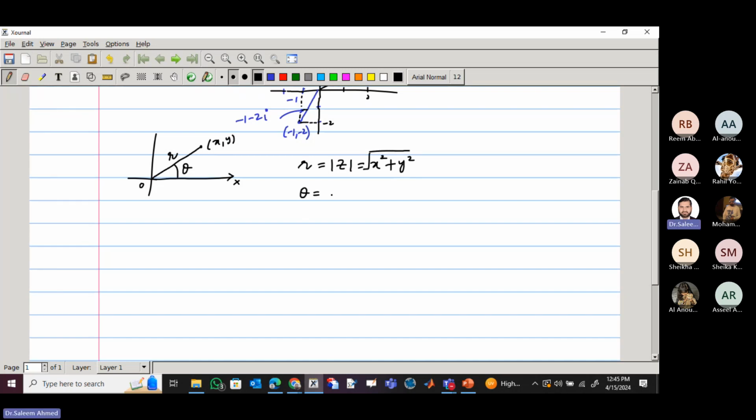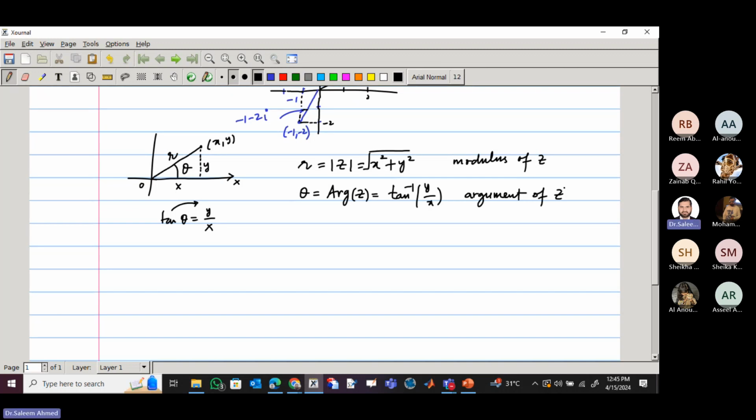And theta is called the argument of z, which is tangent inverse y by x, right? Because you see, this height is y, this is x. So tangent theta from here is y by x, perpendicular over base. So theta will become tangent inverse y by x. And this is the Pythagoras theorem, x square plus y square is equal to r square. So from there, we get this. So this is called the modulus of z, and this is called the argument of z.